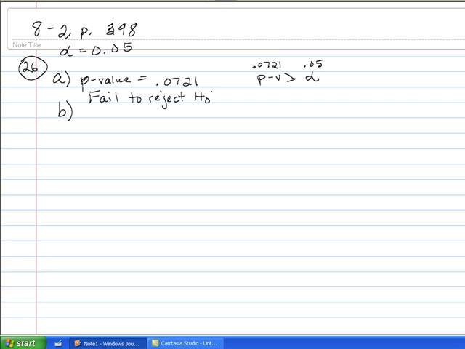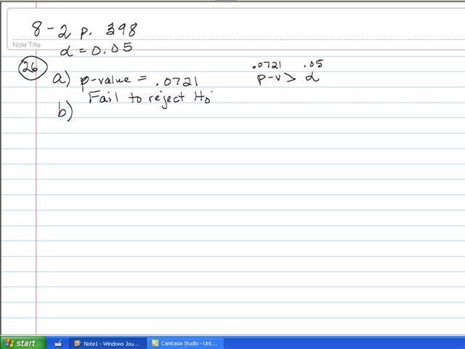When we fail to reject, it's actually, in this case, supporting the null hypothesis, which says it's equal to. So it's not enough evidence to support the claim that there are fewer than 20% green M&Ms.